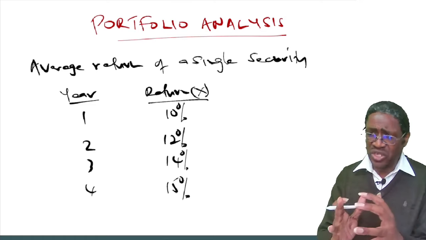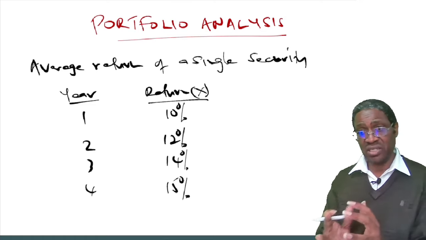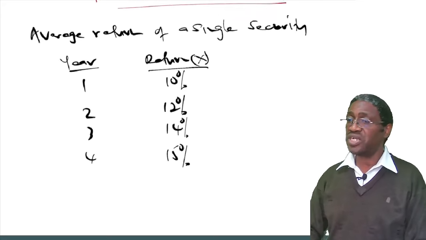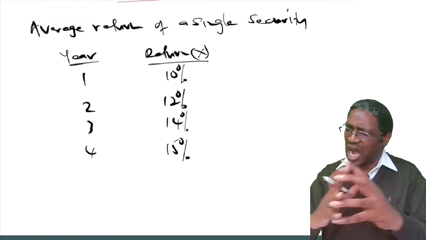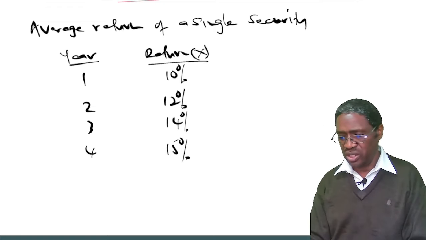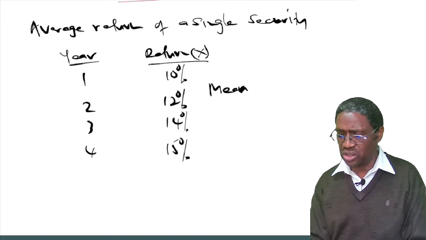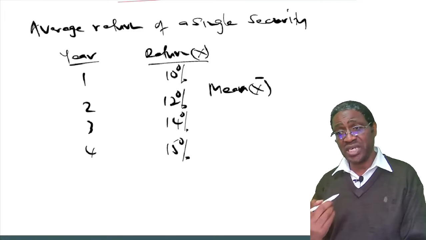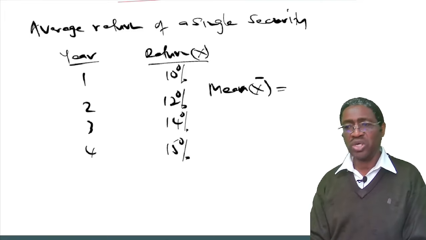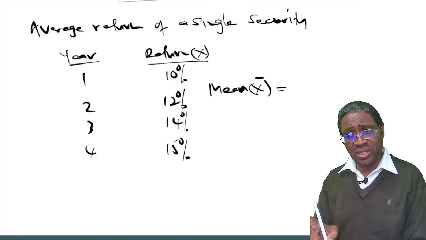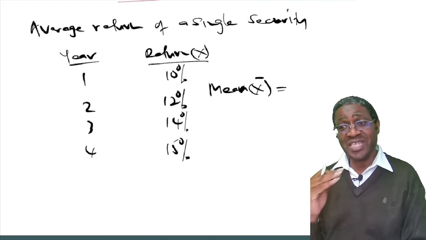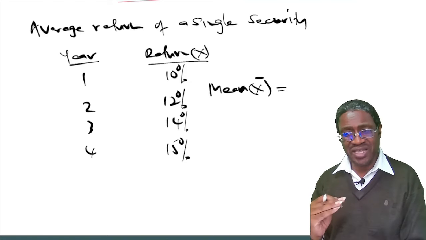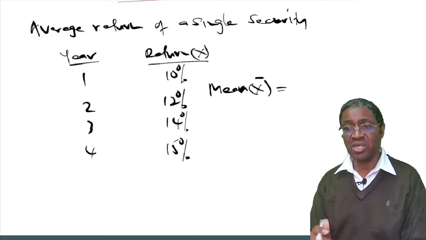What is the average or the mean return? We are saying the average is the same as mean. How do you get the mean return on your investment? So to get the mean or the average, which I am going to represent as X bar, you get the total of the returns and you divide that by the number of observations, which are the number of years.